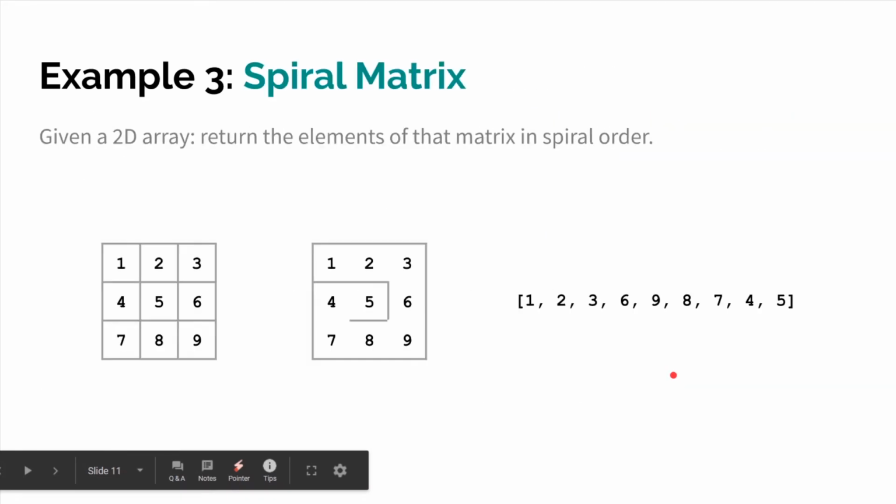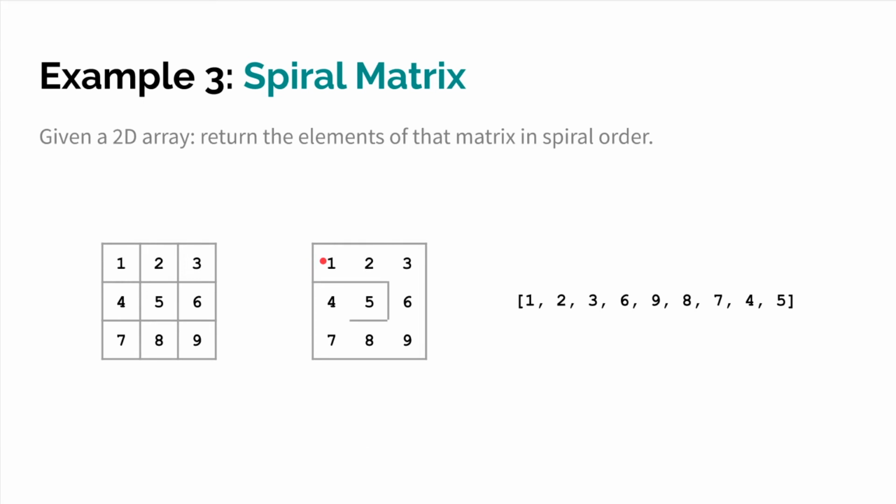So thinking back here, right? We start here. Our dr and dc array is originally pointing right. So we take this value, mark it as visited, go next. Add this value to the spiral order, go next. Add this value to the spiral order. Oh, we can't go next because we hit the edge. So we turn directions, turn down, right?